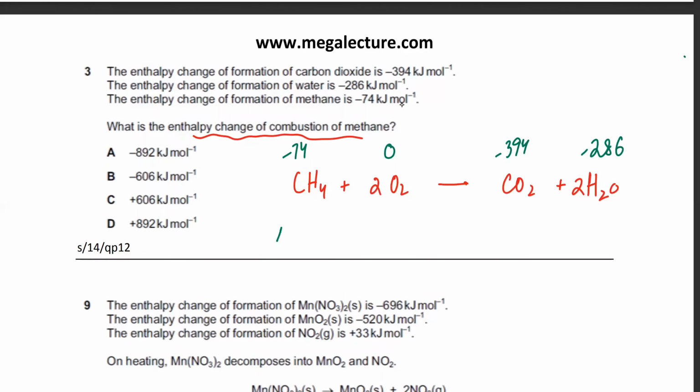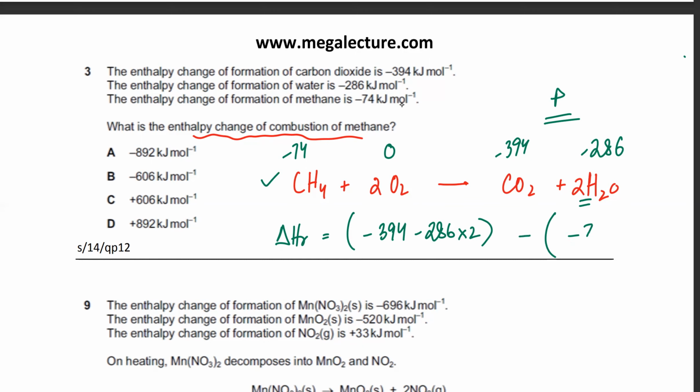So what is the formula? The enthalpy change of this particular reaction is going to be the enthalpy of formation of the products minus the reactants. So I'm going to put a bracket, sum up the products: minus 394, and then minus 286, and that would be times 2 because there are 2 water molecules. And I'm going to subtract the reactants, which in this case is just methane, so that's minus 74.